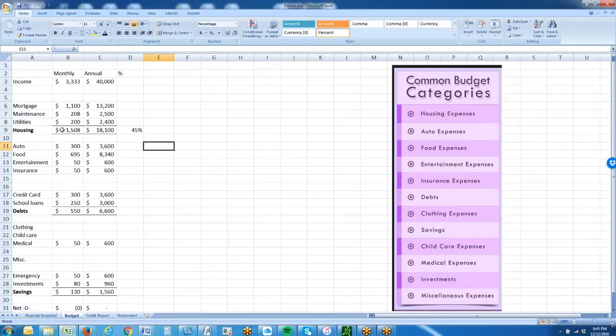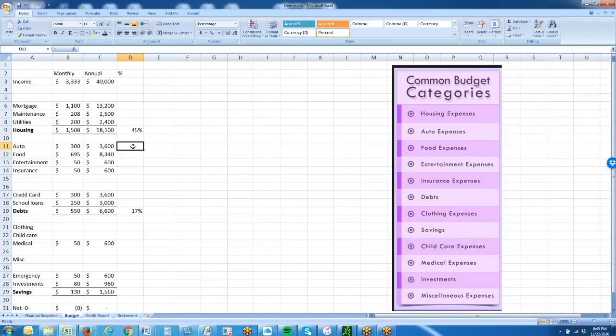Here we're spending 45% in housing, which includes utilities. If we look at something else, let's see what we're paying in debts. We're paying off this amount in debts, so we divide that by the income, 70%.